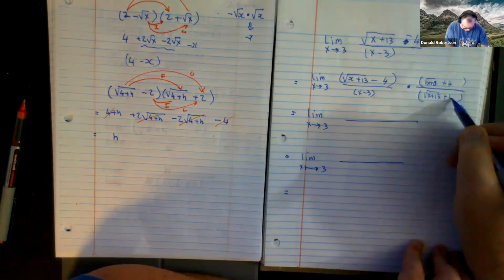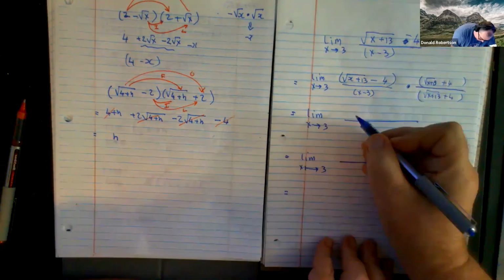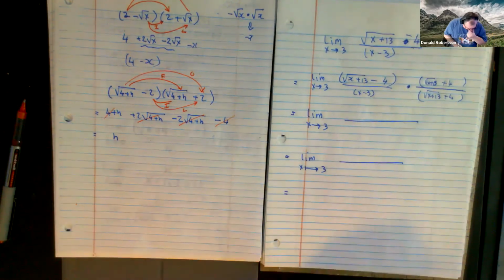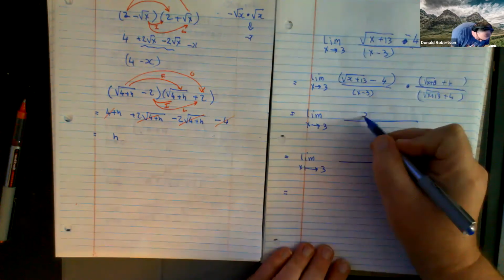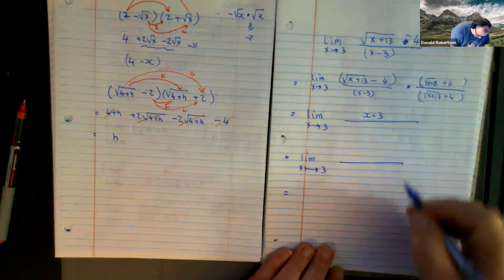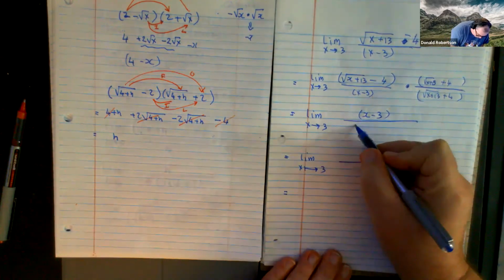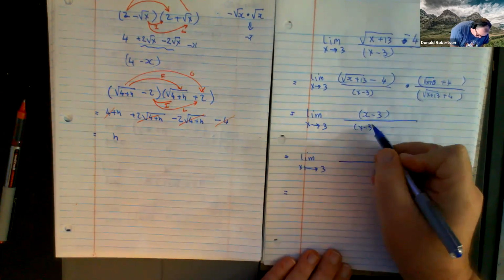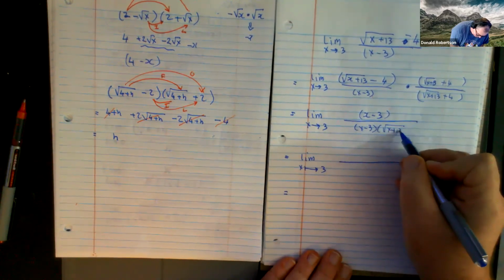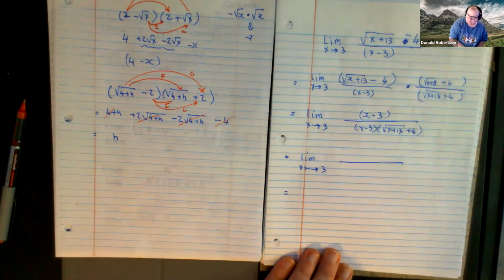Now, if you FOIL this guy out, you basically get an x plus 13, take away 4 root x's, add 4 root x's, take away 16. But after all that hard work and a lot of dying, don't you get an x minus 3 on the top? And on the bottom, you've got an x minus 3 followed by that guy, right?